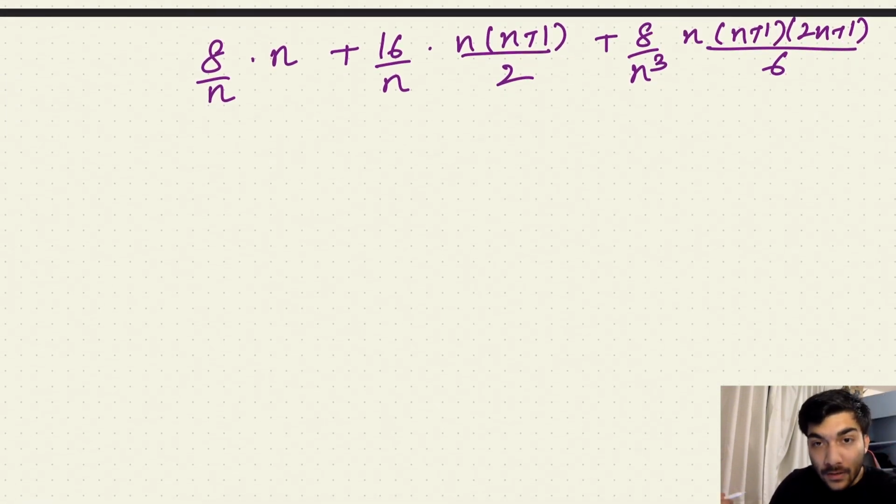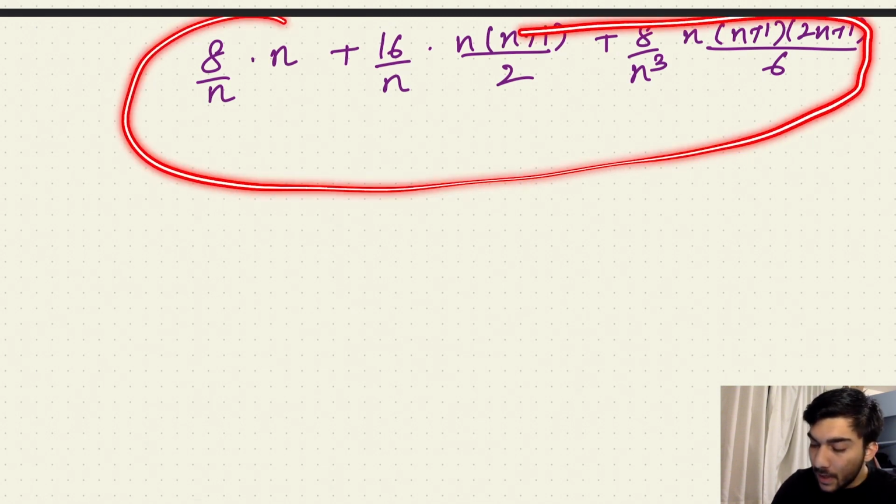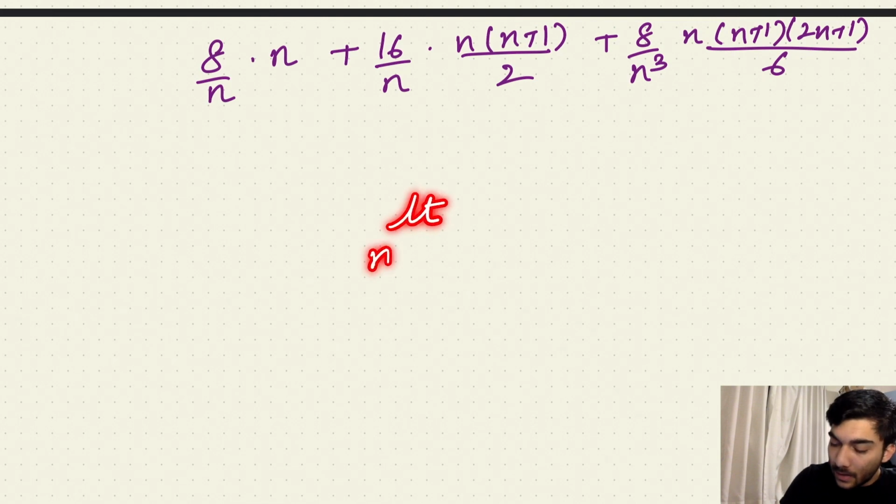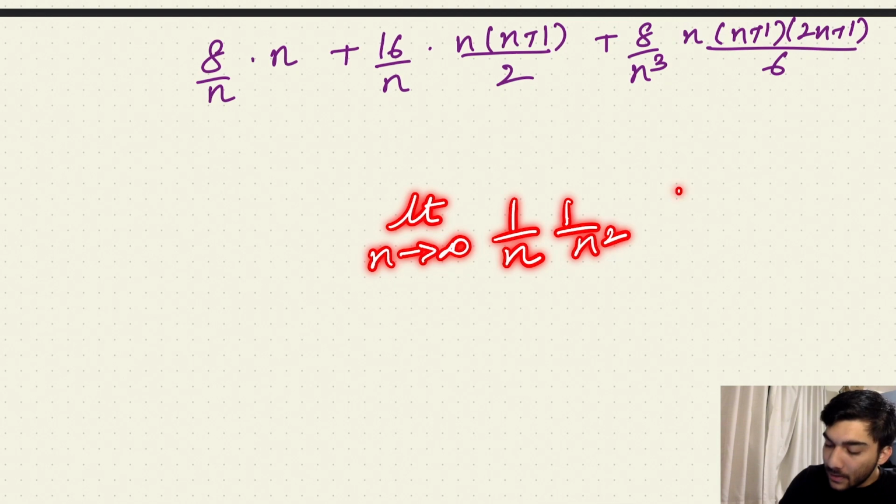And now in order to calculate the final answer, the only step that is remaining is to take limit n tending to infinity for my whole expression. And now since we have to take the limit of n tending to infinity of this expression, we can use the fact that it's easier to calculate the limit of n tending to infinity for the expressions in which we have n in the denominators, because we can use the fact that limit n tending to infinity for 1/n is 0, 1/n square is also 0, 1/n cube is also 0, and so on.